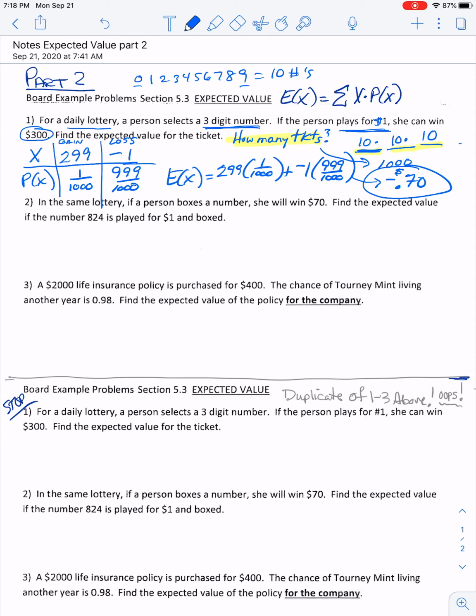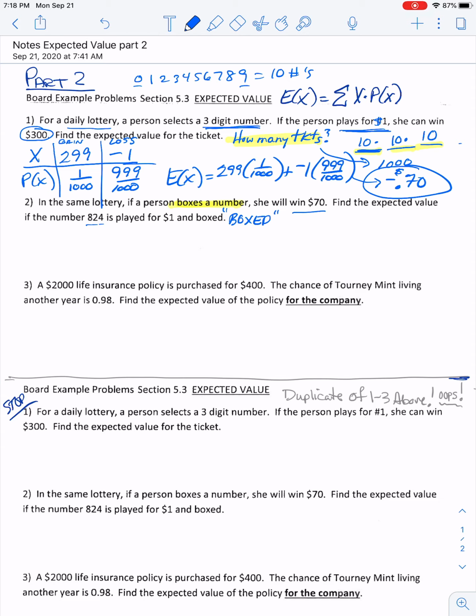In the same lottery, if a person boxes a number, so this is different yet again, she will win $70. Find the expected value if the number 824 is played for $1 and boxed. First thing, I had to have an understanding of what it means to have a boxed lottery.